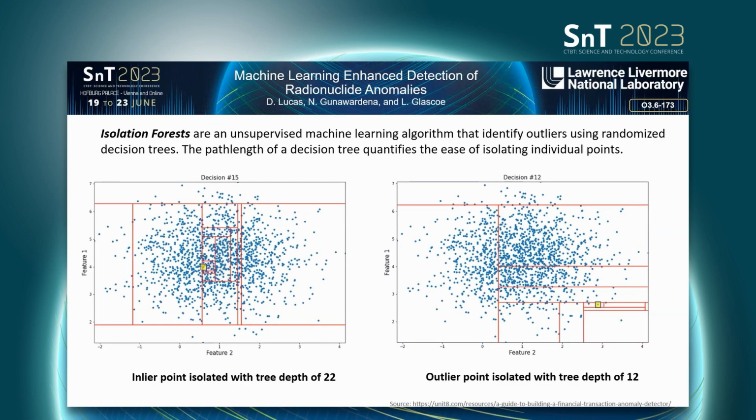With the decision tree, one way to measure whether a given point is an inlier or outlier is how deep the tree must be before you can isolate that point. On the left-hand side, for the inlier point, the tree has to have a depth of 22. It's pretty deep. It takes a lot of partitioning before it can isolate that point, whereas the outlier point on the right-hand side requires a less deep tree, and then it can isolate that point.